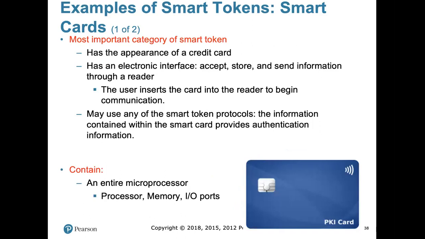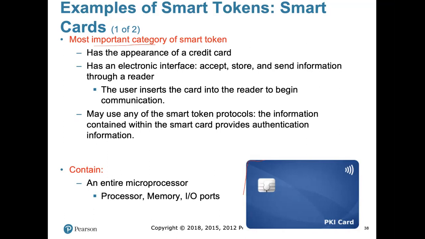Okay, another example that I intentionally put as a second example because this is going to take a little bit longer, are smart cards. Smart cards are basically the most important category of smart tokens. In terms of appearance, you can think about credit cards.